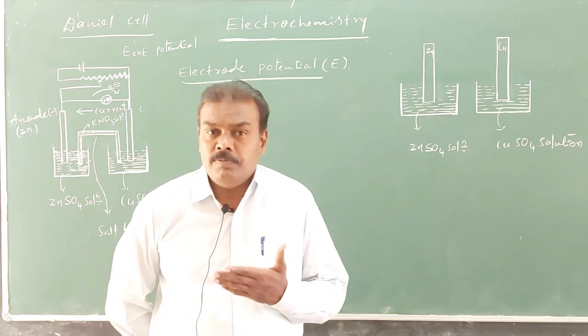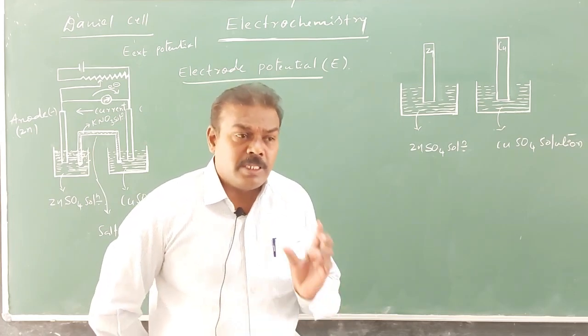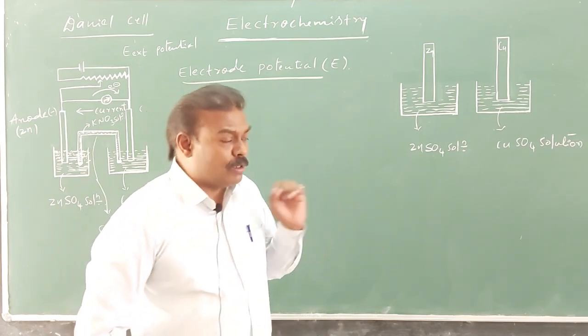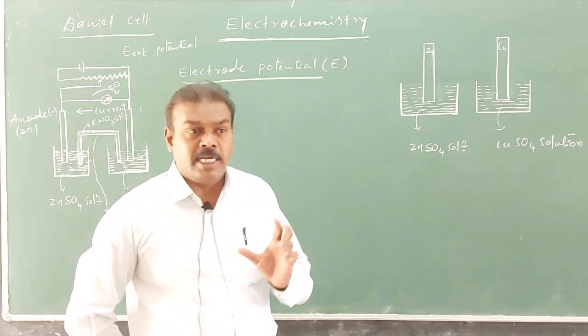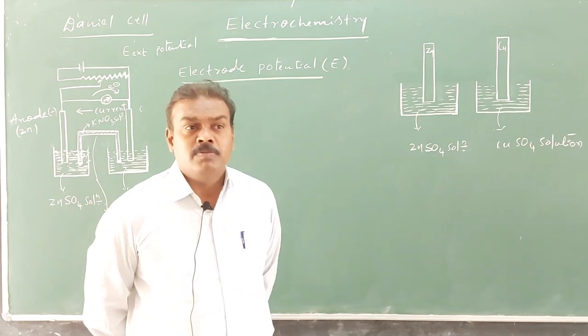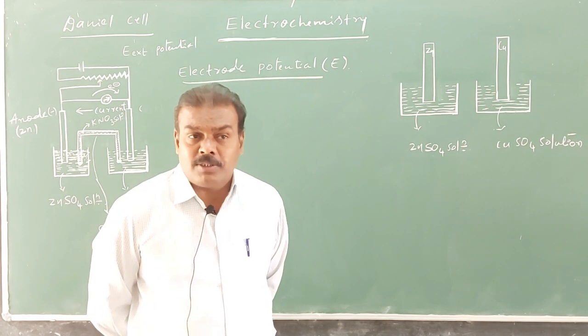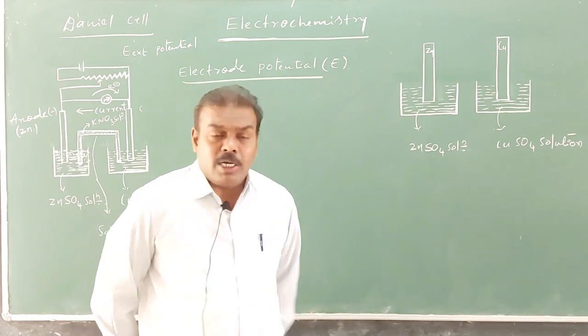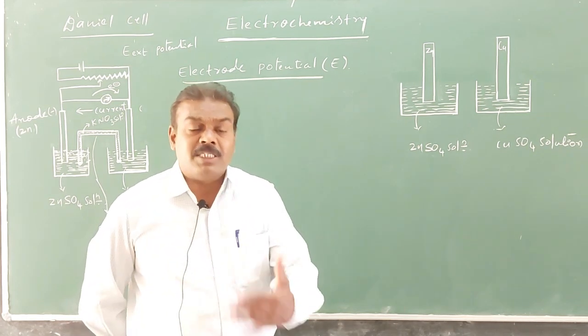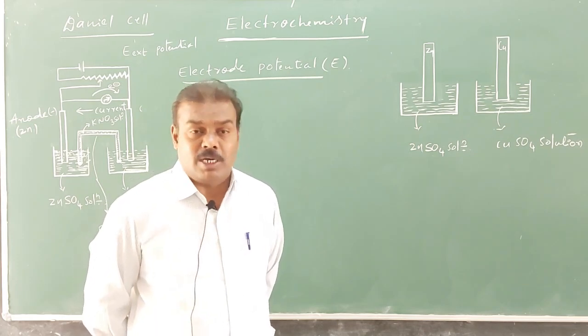Electrode means whenever the metal is in contact with the solution of its own ions, it is in equilibrium and forms an electrode only. Electrode is nothing but a single electrode, or it may be the half cell only.